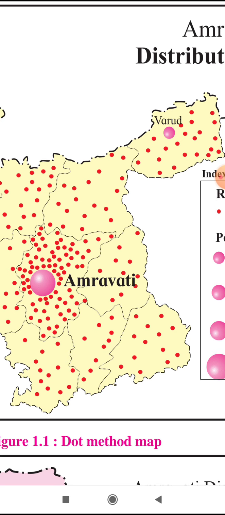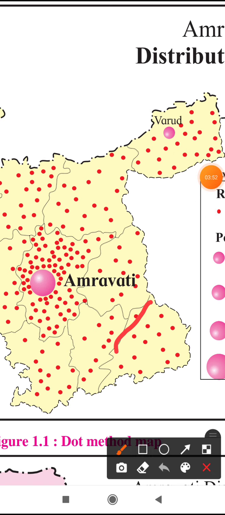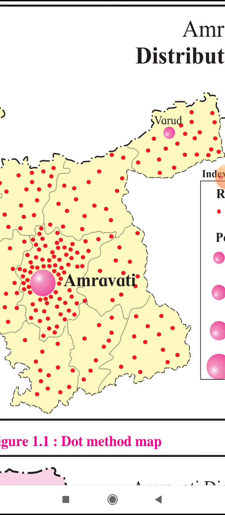In the dot method, sub administrative units are also important. Sub administrative units means what? These talukas are the sub administrative units, and these are also important for showing the dots. I also told you what type of precautions should be taken for the dot method.